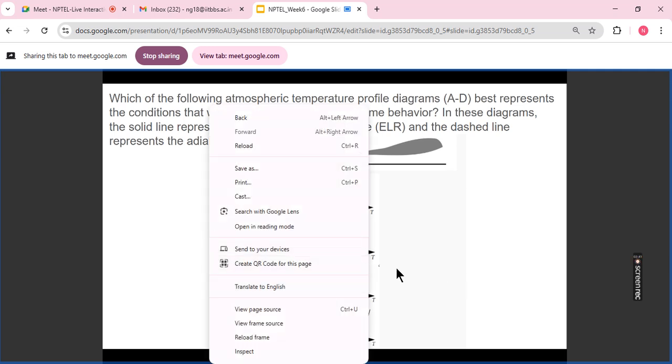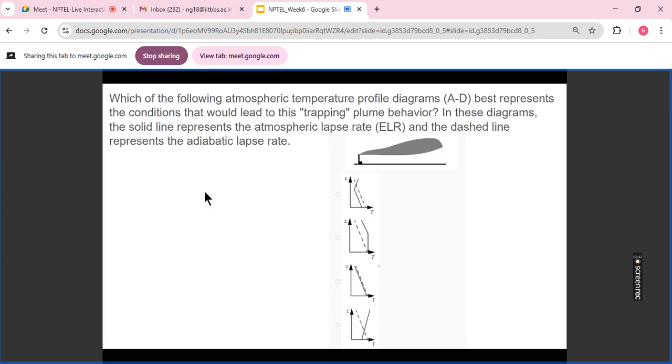I'm just trying to figure out how I can get the point.